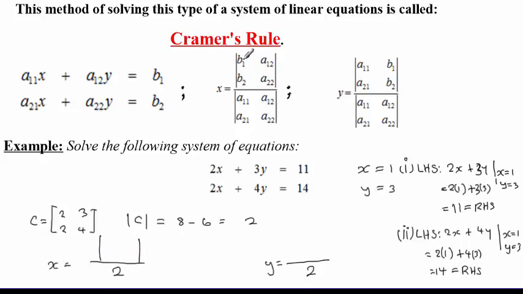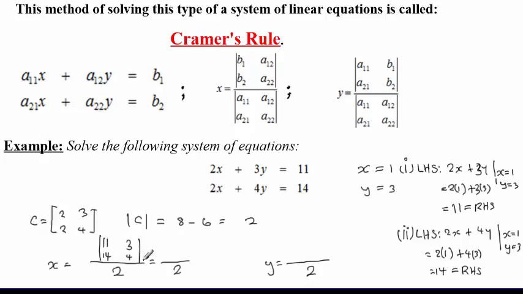Now coming to the numerator, we follow what we've seen there. For x, we need the independent terms in the x column of the equation, which in this case are 11 and 14. Then for the rest, we just take the coefficients, 3 and 4. The denominator we got here is 2.